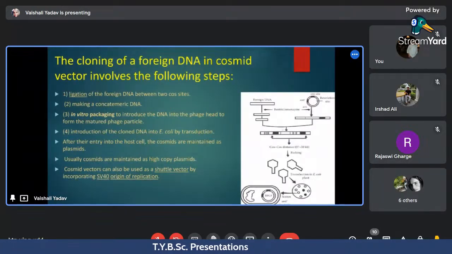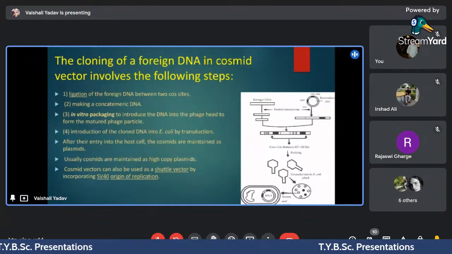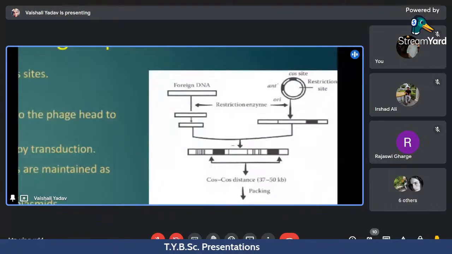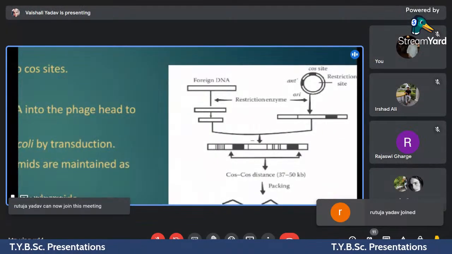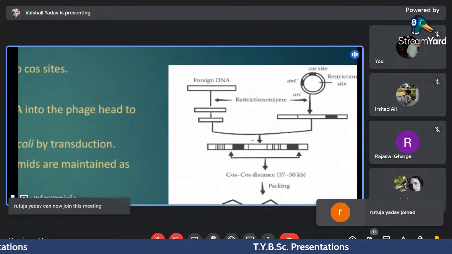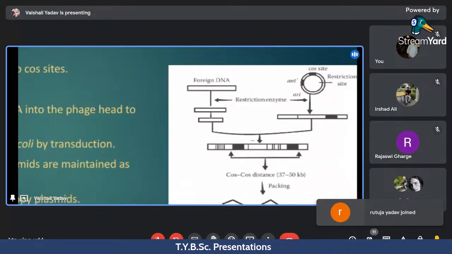How the cloning of foreign DNA in a cosmid vector involves the following steps. First, the foreign DNA is cut by a restriction enzyme, and the cosmid vector is also cut by the restriction enzyme.